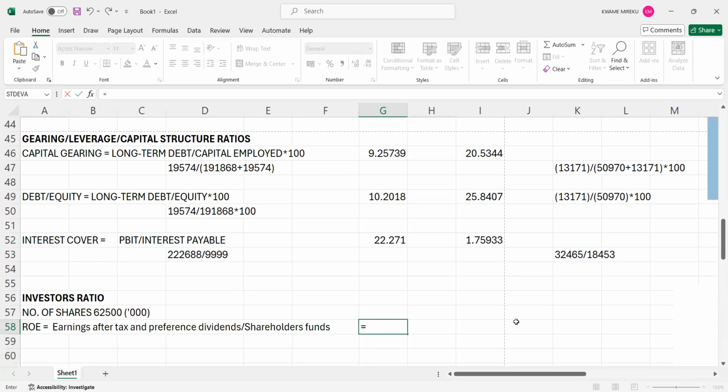And what was the net profit for 2023? What is the net profit for 2023? Let's get the profit for the year, because it is the profit attributable to the owners. What is the profit for the year?